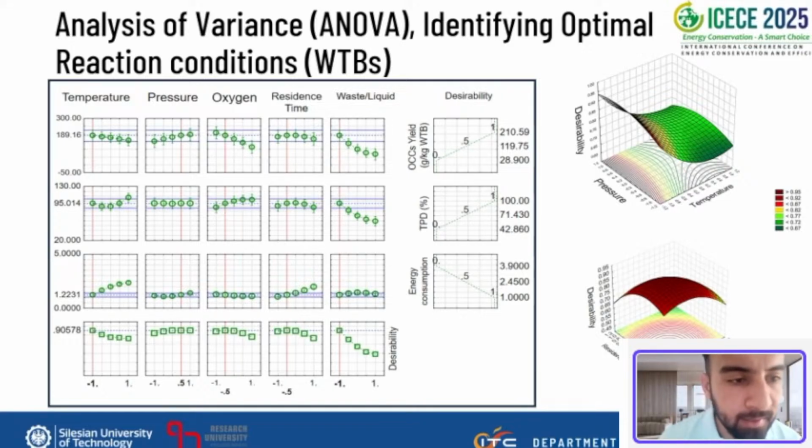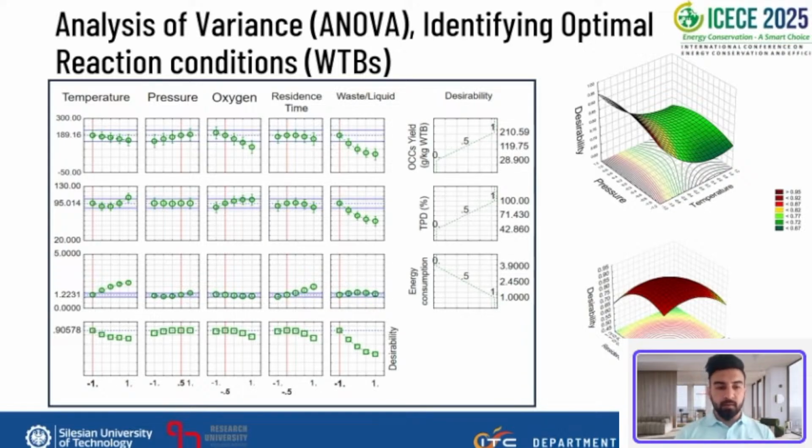When we increase the temperature, the oxygenated chemical compound yield decreases, and on the other hand, the yield of total polymer degradation increases. But with the increase of temperature, there is a very high rise in energy consumption. Compared to this rise in energy consumption, total polymer degradation is not increasing as it should.